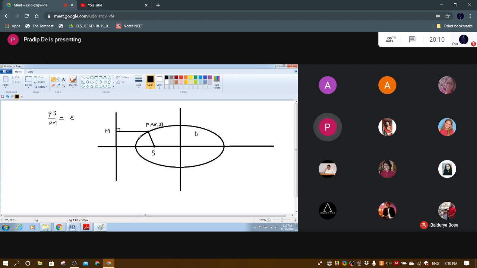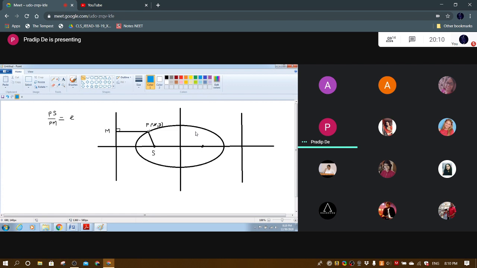Now you may say that there is one more focus. What about that? Fine. There is another focus here, and corresponding to this focus, there is another directrix also. Suppose this is the directrix, at the same distance. Now why can't I consider this focus and this directrix? Of course you can.